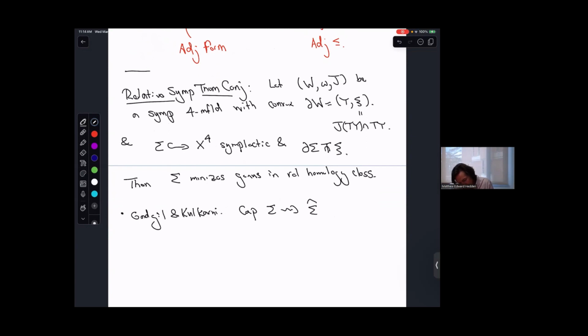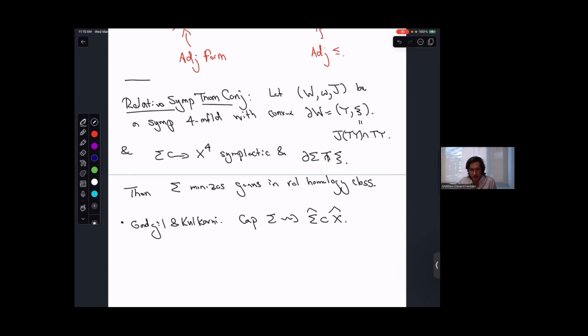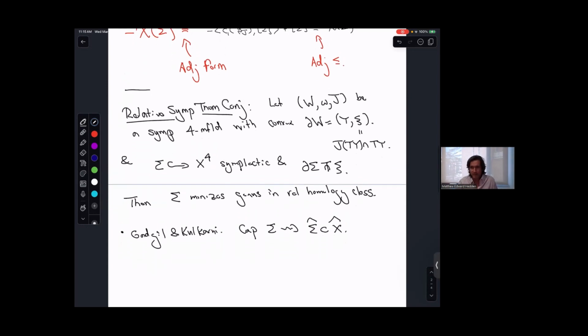So you get some closed symplectic surface inside of a closed symplectic four manifold, sort of a cap for X.